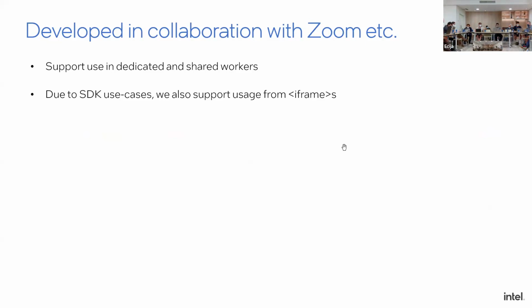One of the emerging use cases for a lot of these streaming services is embedded SDK use cases, like you go to a doctor's appointment and it embeds this SDK, it also uses an iframe, and then you also talk to the doctor, etc. So we also had requests to support it in workers, so the whole API is designed based on the observer pattern. And it supports dedicated and shared workers and use from iframes with the privacy policies, etc.